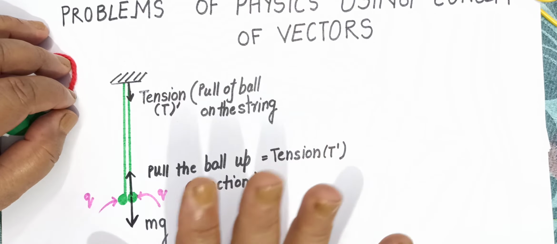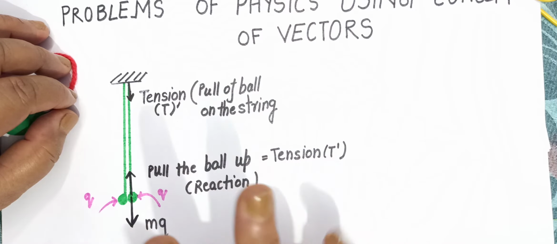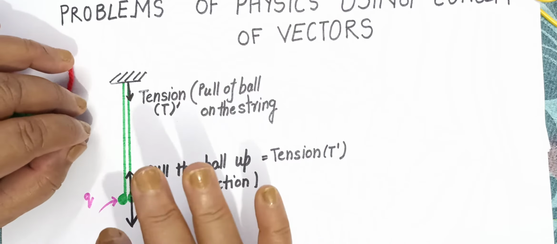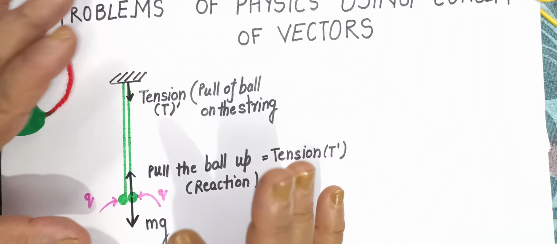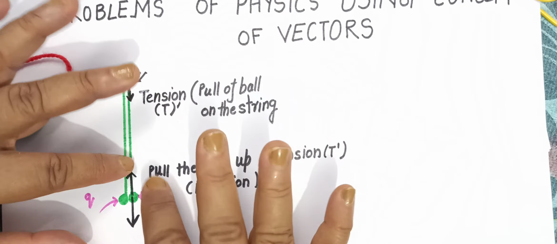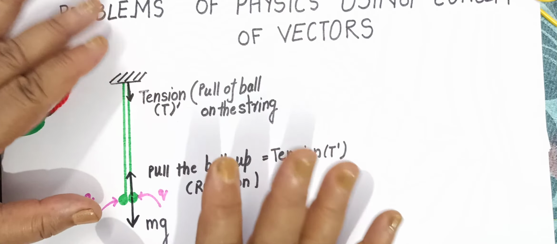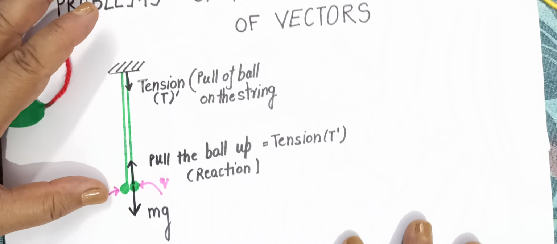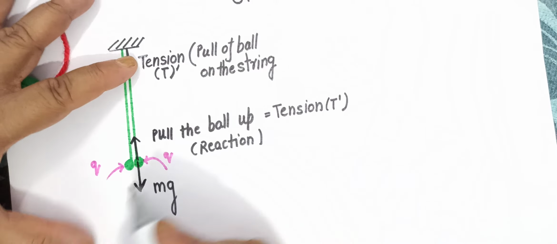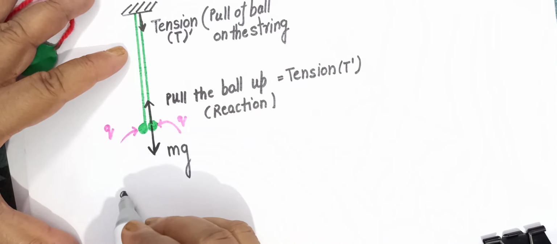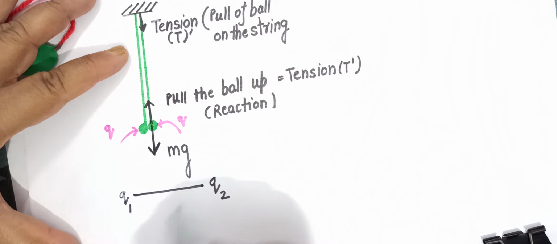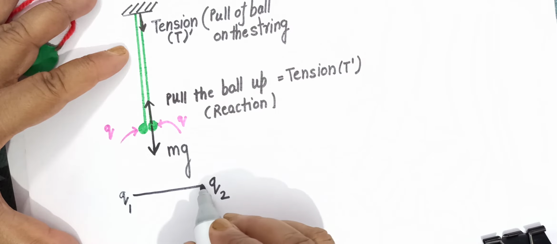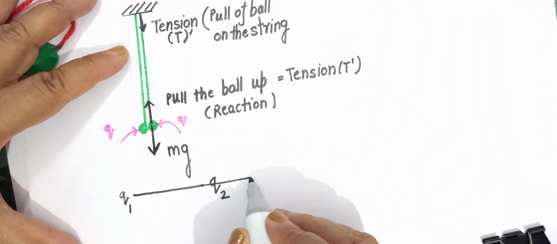One point you already know is that similar charges repel each other, but the second point is that this force, which is called Coulomb's force or electrostatic repulsive force, acts in a very specific way. If two charges Q1 and Q2 are r distance apart, then this positive charge will repel this positive charge in a specific manner.